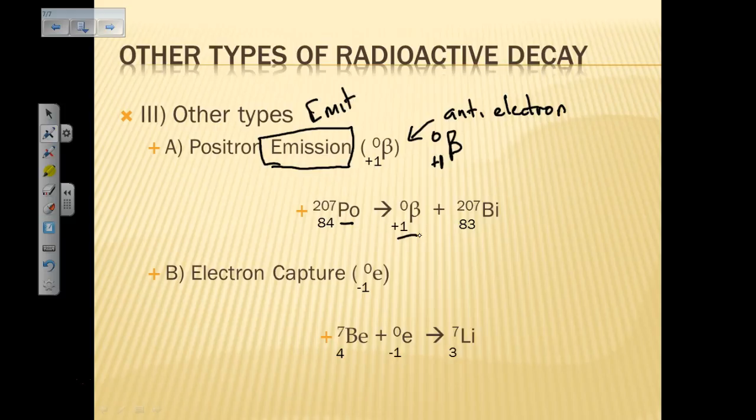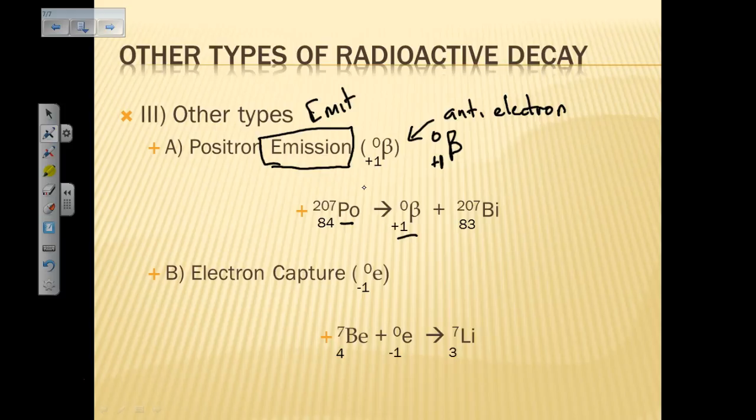By emitting a positron, all the rules of balancing stay the same. The mass number and the atomic number have to add up. So this is a positron, +1 plus 83 is equal to 84 here. This is 84, and then the mass number has to add up to 207 on each side, and it does. So positron emission is kind of neat.